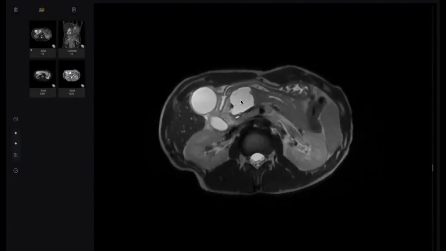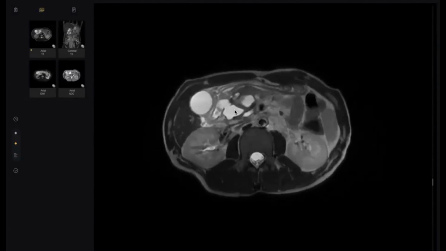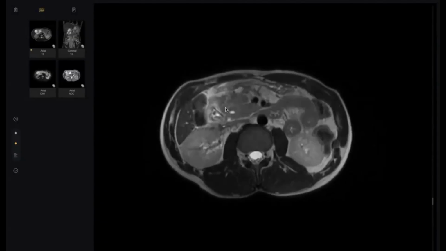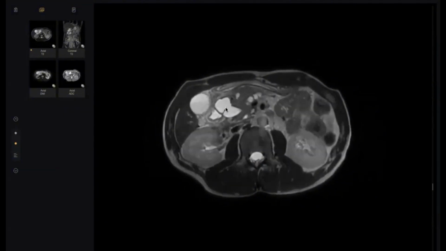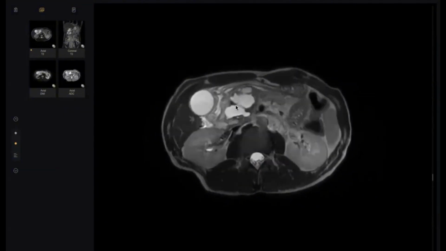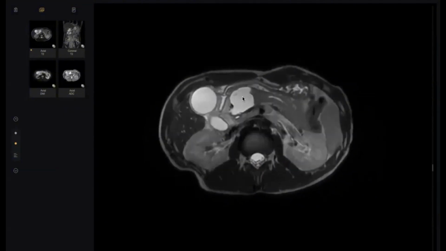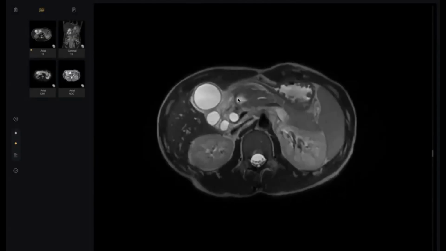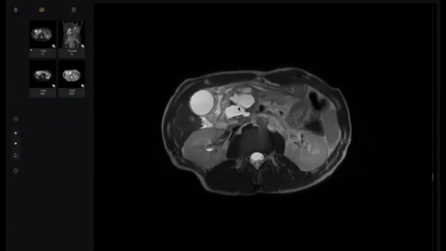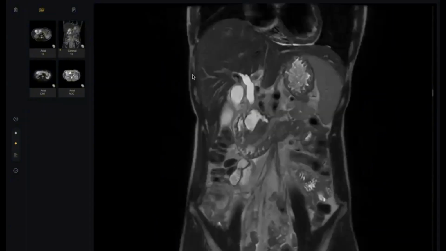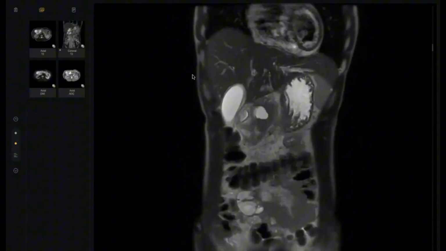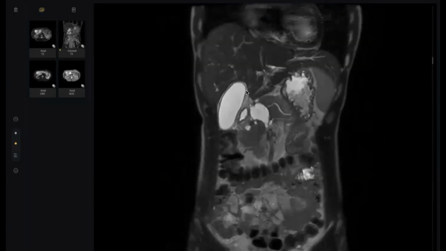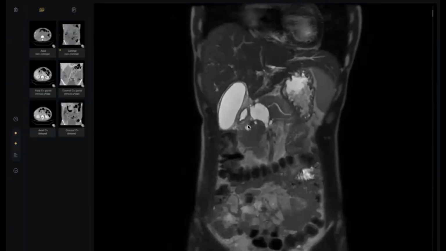Sir, I think there is some cyst which has a connection with the adjacent duodenum, and from here, if you follow this, there is a cystic structure with a connection. Dr. Omer, it has a connection with another structure. What is this? Okay, sir, this is the pancreatic duct.